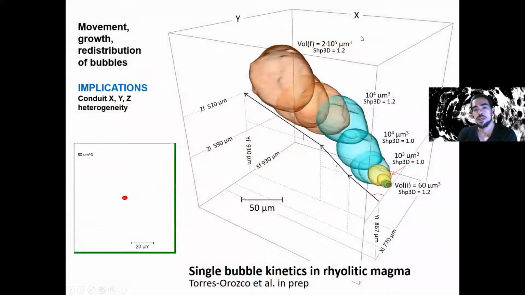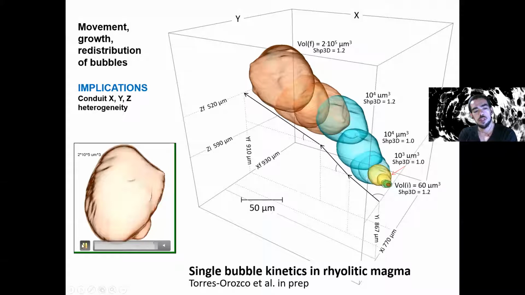As I said, we can also look at the movement, growth and redistribution of individual bubbles. In this case, here we have a single bubble changing with experimental time, dwell time, but we can also track the movement of that bubble inside the whole flow, and this bubble is moving a lot.